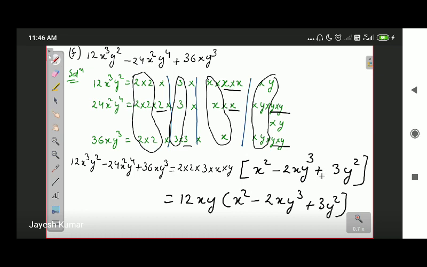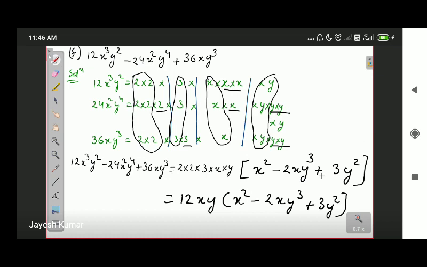Okay, let me check the answer for this one. This is exercise 6.7. We are doing question number 4, and yes, there is a slight mistake by me. This is y square.